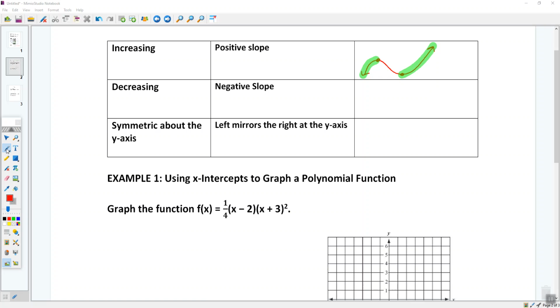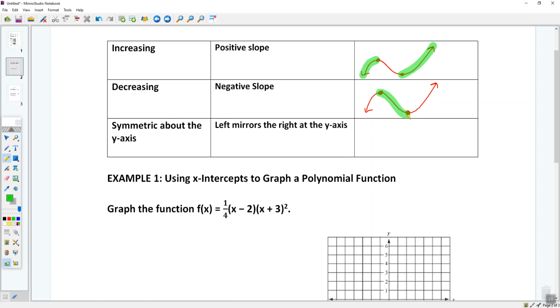Yeah. If I draw the same graph and mark off my peak and valley, describe to me where the slopes will be negative, where the graph will be decreasing. In between both of them. Here and here, this is where the decreasing part is, right? So we get that, increasing, decreasing.